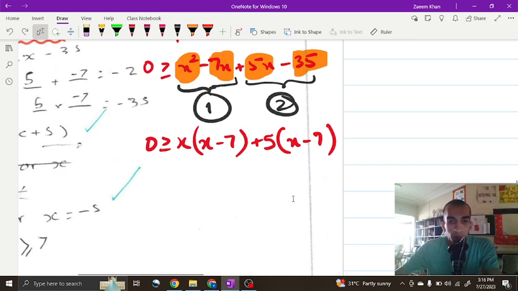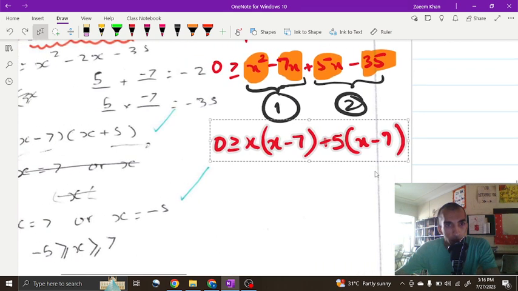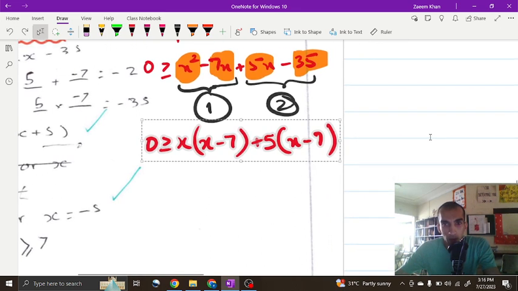Did you write this down? Not all of it. Why don't you just write down the last inequality and try to solve this? Let me know when you're done.